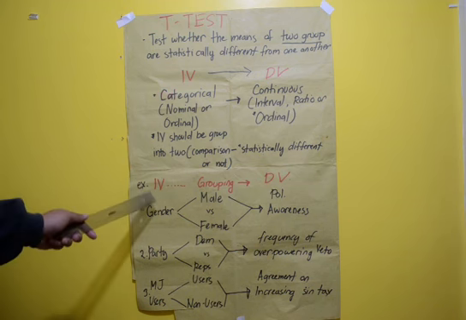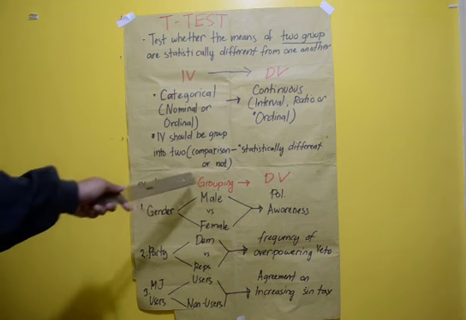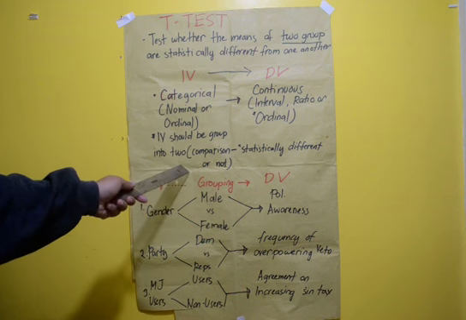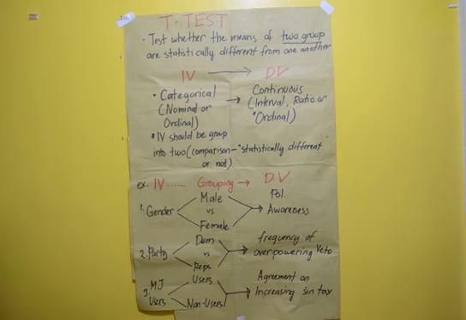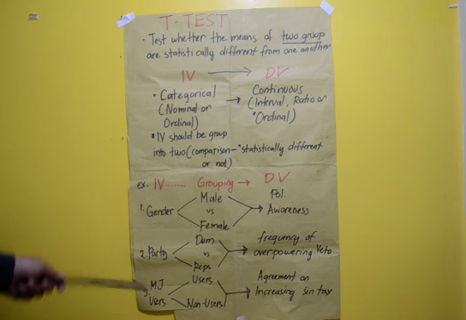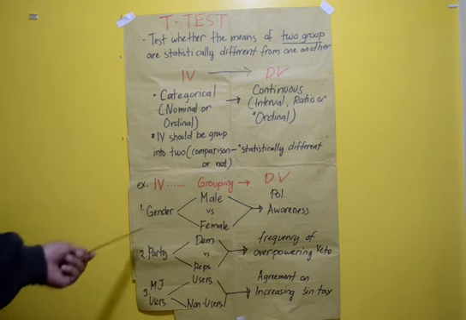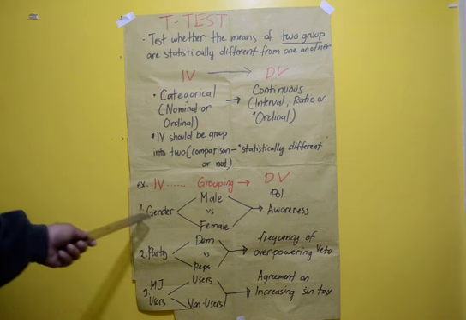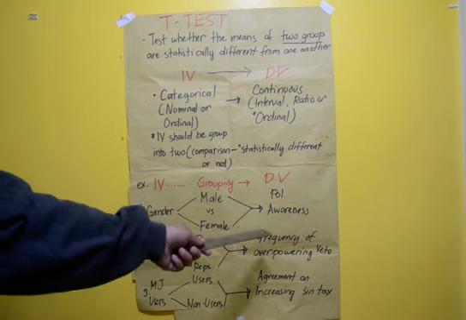So, kunyari ganito, no? Okay, so we have your independent variable, how it was grouped, kailangan to group yan. Then your dependent variable, okay? So, for instance, you want to do a study, although these are just simple examples, no? So, you want to do a study that gender has something to do with political awareness.